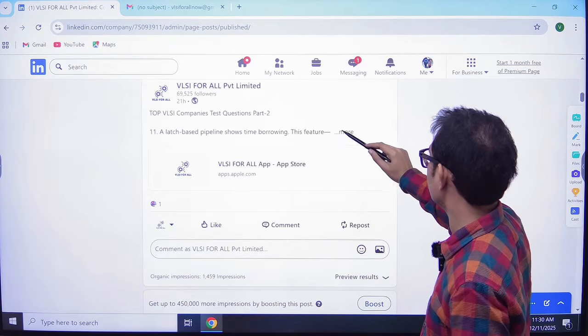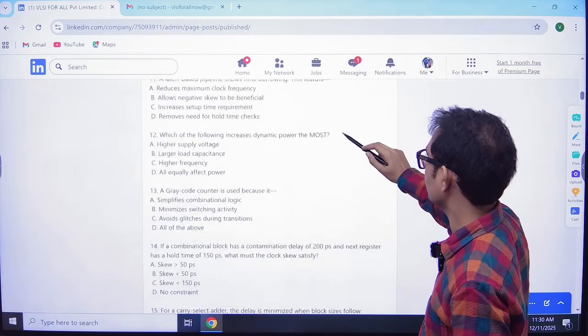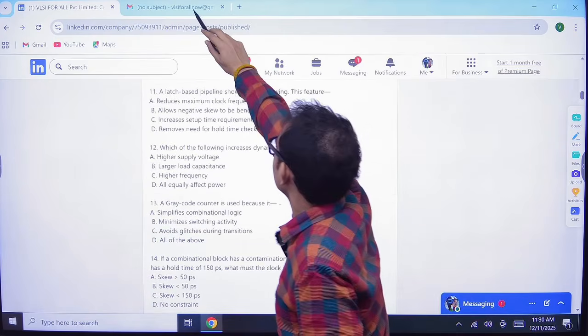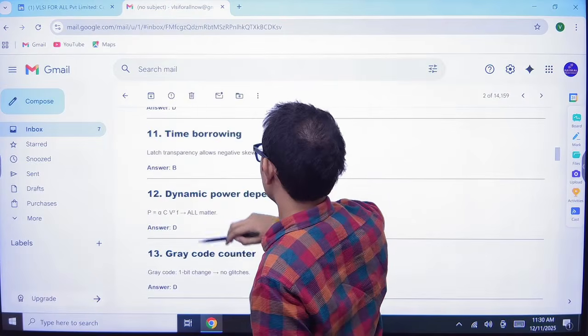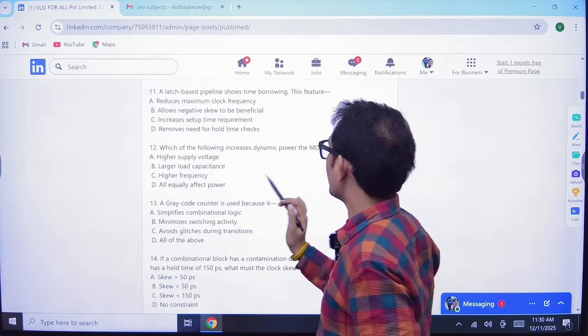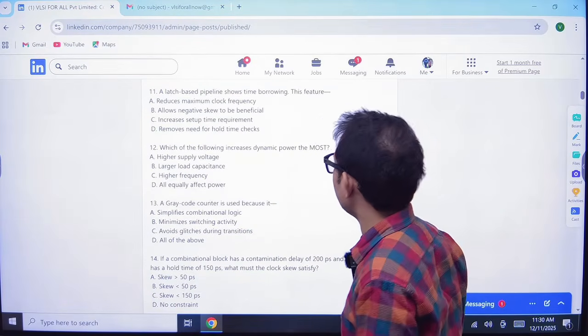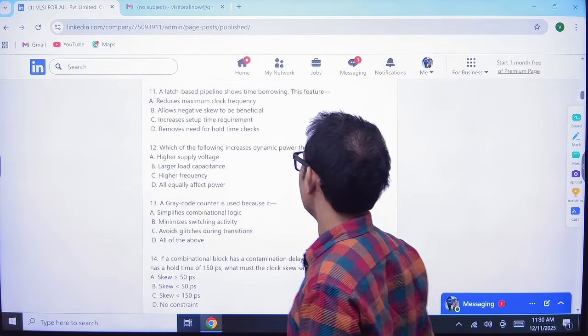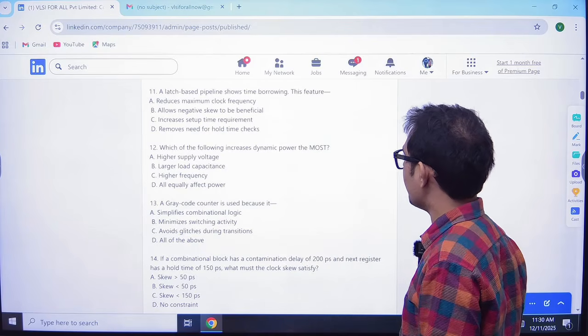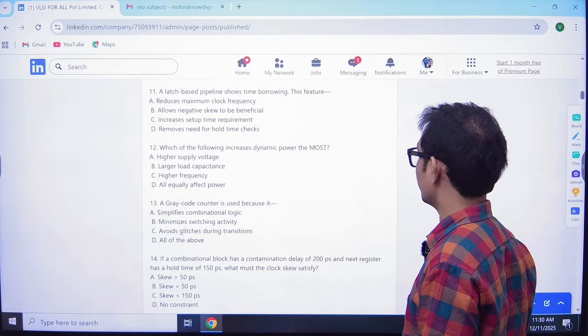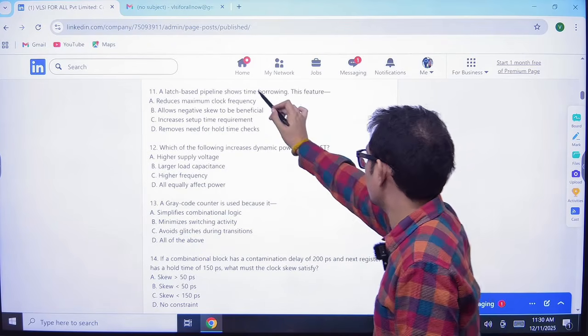Here we will see part two. We have the part 2 solutions also. In part 2, the 11th question: a latch-based pipeline shows time borrowing. This is also a very good concept in latches.